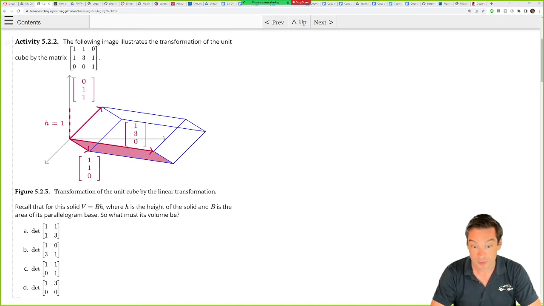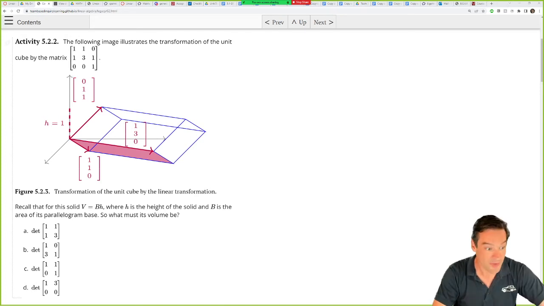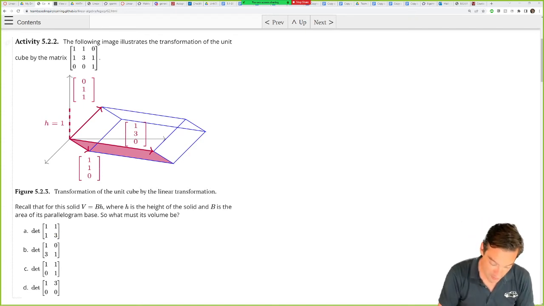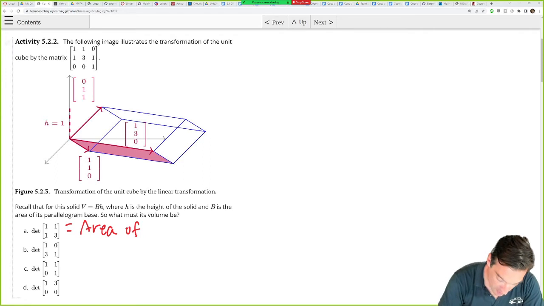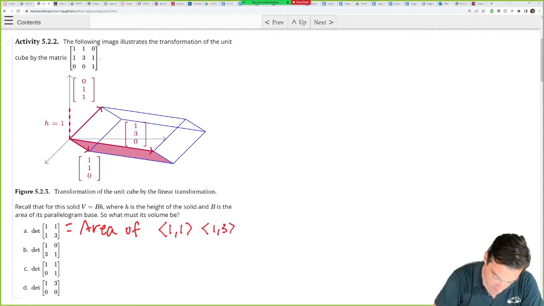So which of these four determinants that are the options is going to give us the area of that red parallelogram? Yeah, so it's the first one. It's the first option, 1, 1, 1, 3. And that determinant, so I'm going to mark this up here, that determinant tells me the area of the parallelogram that's determined in the xy plane by the vectors 1, 1 and 1, 3 in the xy plane.